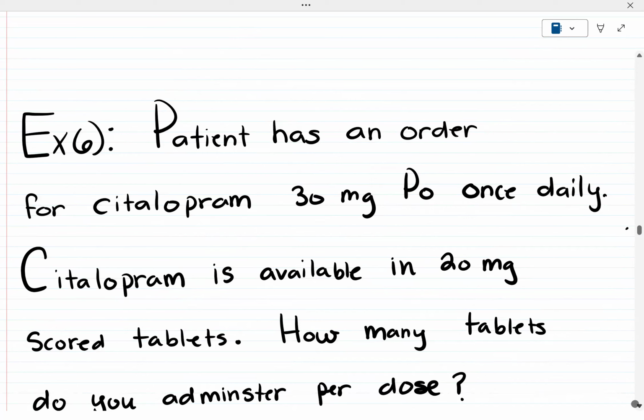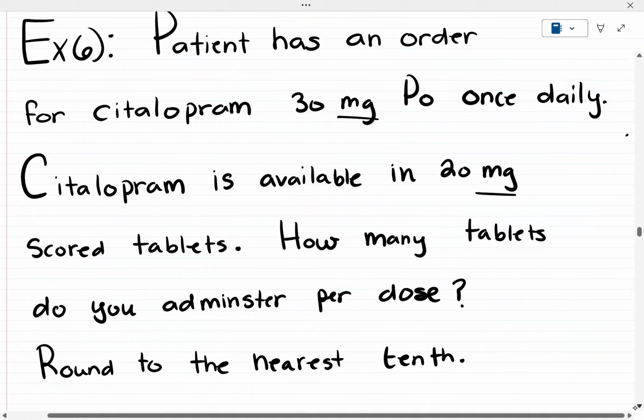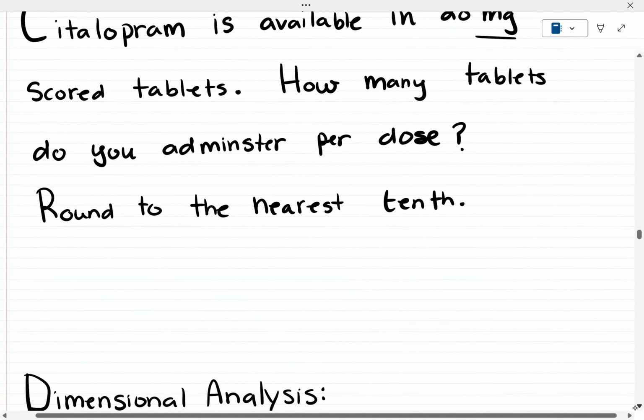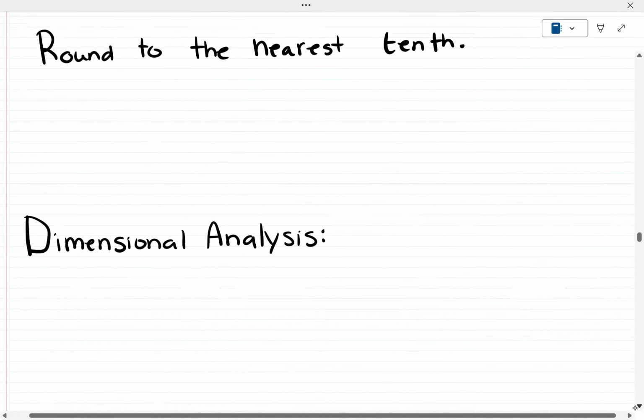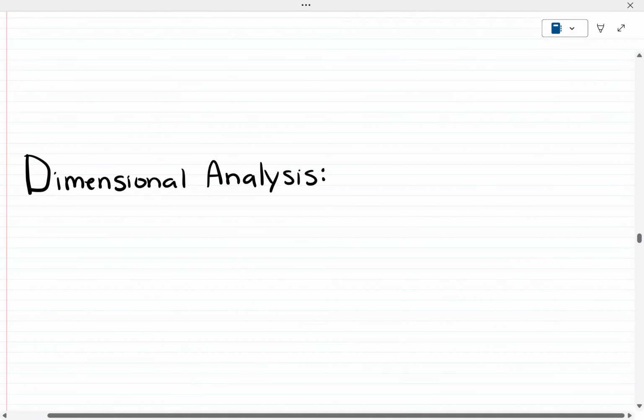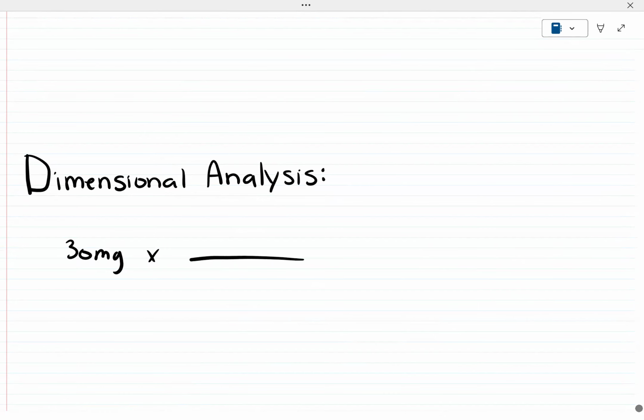The first thing I'm going to check is, do we need to do an extra conversion? I don't think so. This was 30 milligrams. Our availability was also in milligrams, so there's no extra conversion. So we can just start doing dimensional analysis. It would be set up like this: 30 mg times a fraction, tablet over milligrams, and for one tablet there's 20 milligrams.